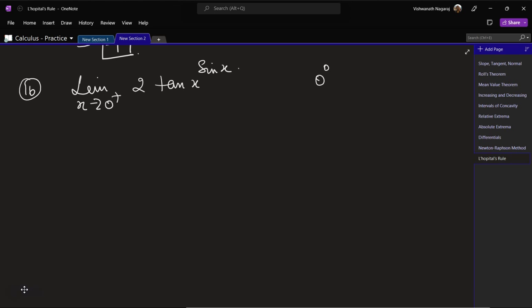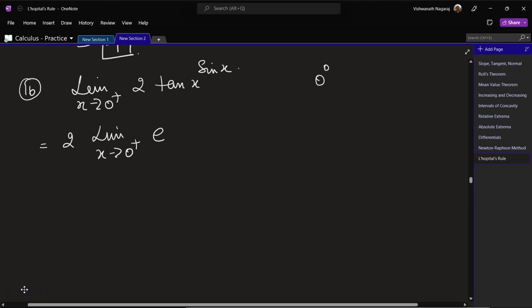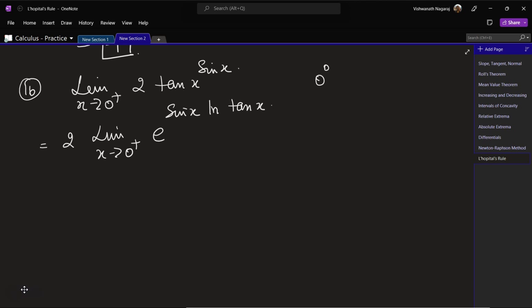So we end up with 0 to the power of 0 form, which is an indeterminate form. So let's rewrite this as 2 times limit as x approaches 0 from the positive side of e to the power of sine x natural log of tan x. I've jumped one step, but you should be able to figure this out.